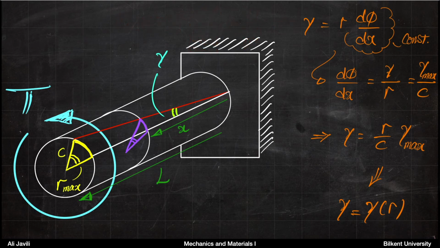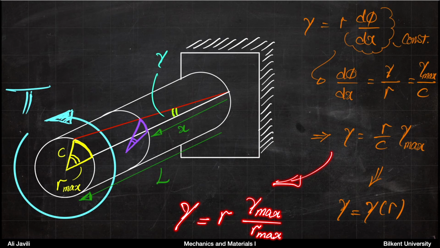If gamma over r is constant, then gamma max divided by r max is also constant. That gives us this relation: gamma equals r over c times gamma max, or gamma equals r gamma max divided by r max. Again, r max is just c.